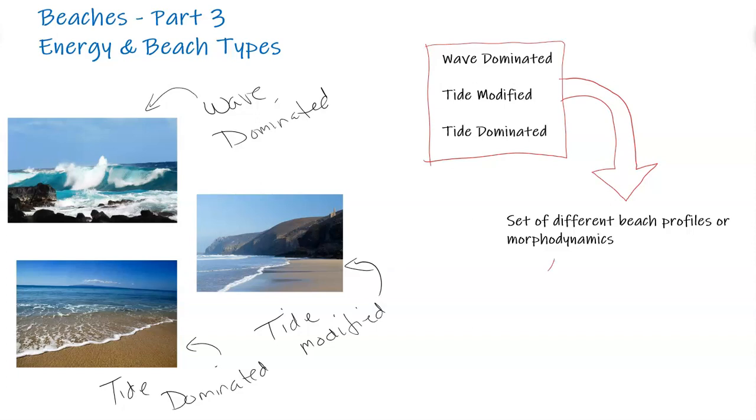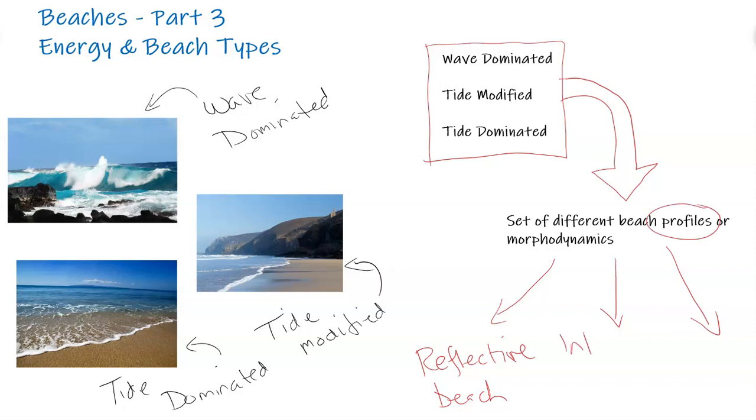Now, these are separated into 3 different types. The first type is called reflective, or reflective beach. So think of that as a profile. These are all profiles. Then we have the intermediate, again, that's a segue between the 2 extremes or 2 different types.